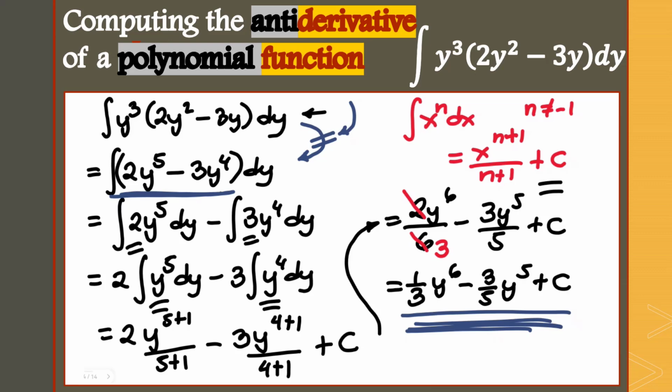So that is the result for this expression. It may look like multiplication, but when you apply the product of your functions before you integrate them or find the antiderivative, it's just as simple as this form.